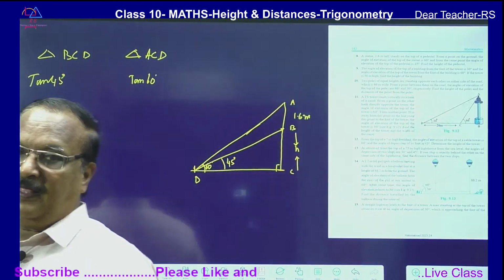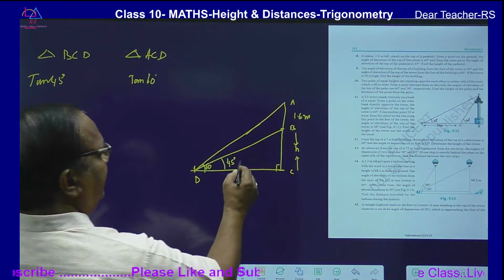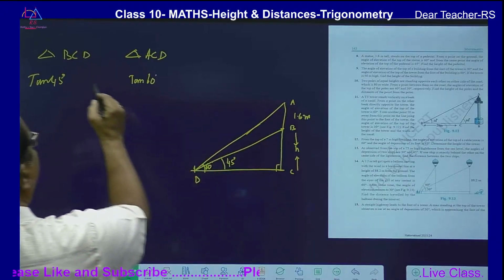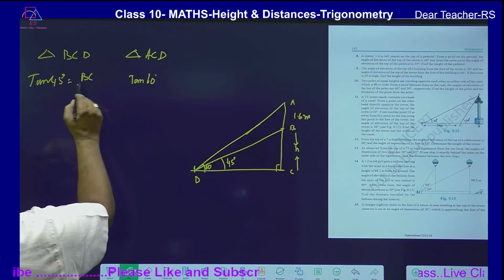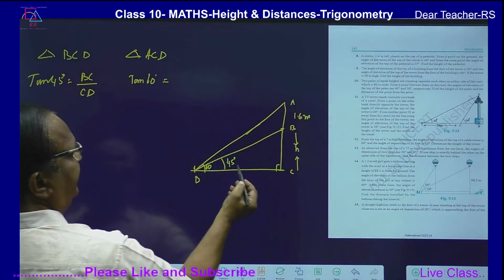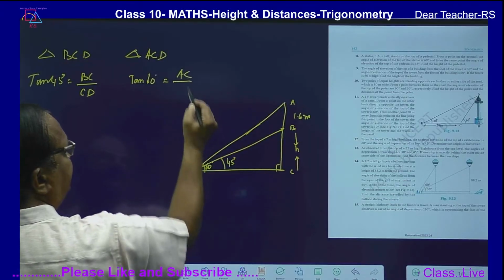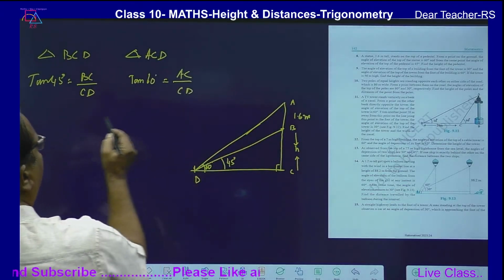So tan 45, opposite side BC by adjacent side CD. And here tan 60, opposite side is this entire AC, and adjacent side is CD. Now let us put the values.